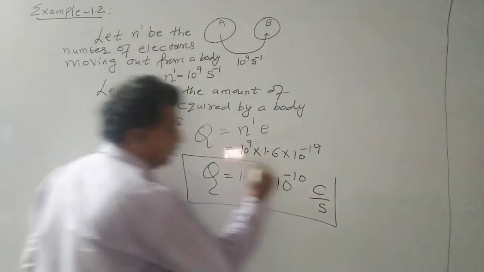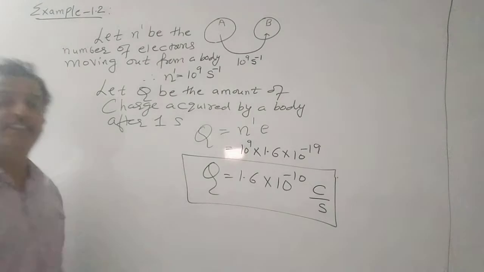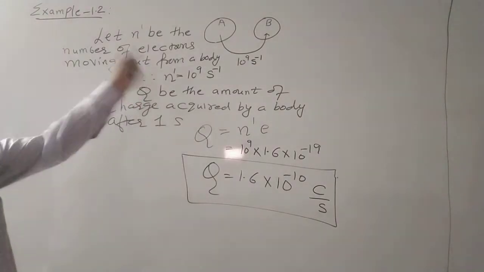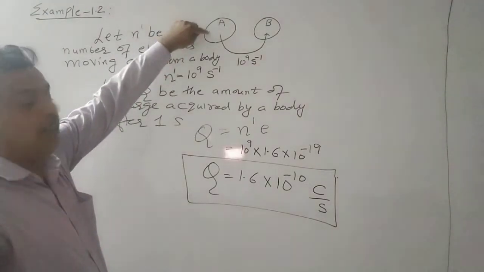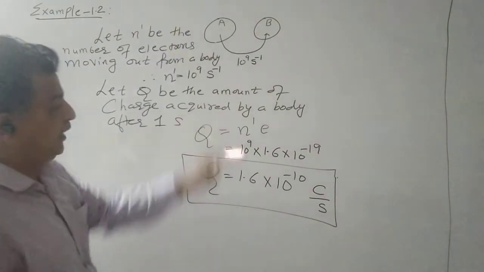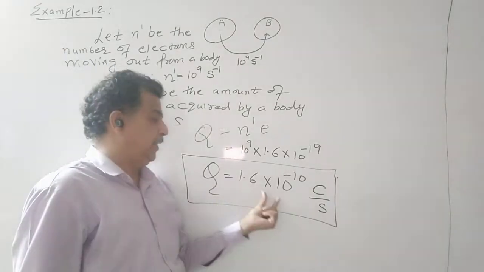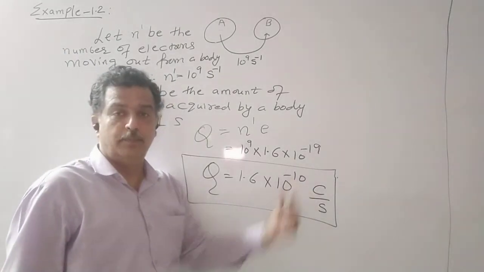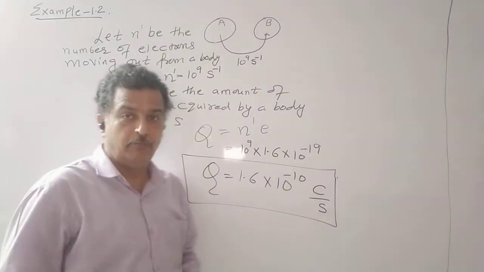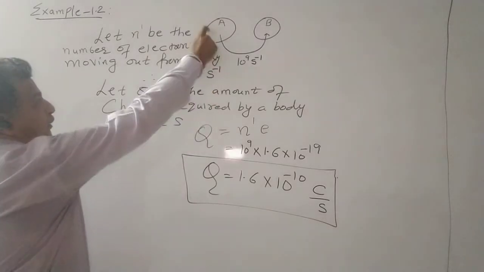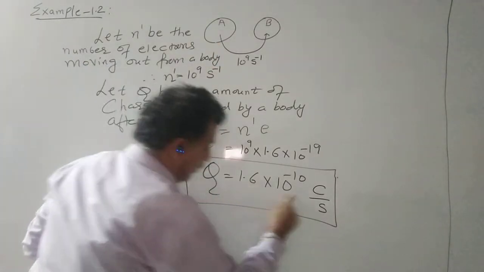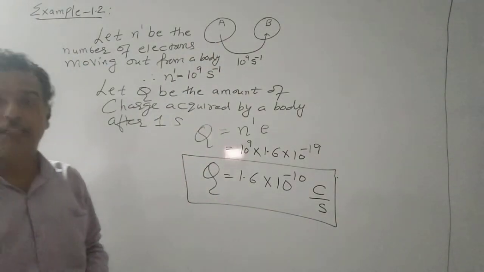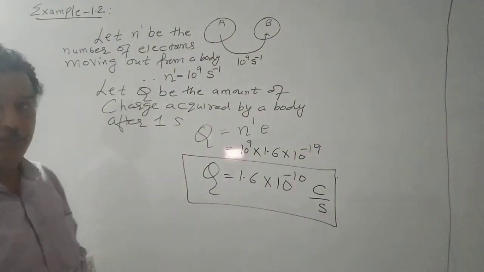So the unit becomes coulomb per second. So the positive charge acquired by this body is 1.6 into 10 raised to minus 10 coulomb per second. In 1 second, this body becomes positively charged by the amount 1.6 into 10 raised to minus 10 coulomb.